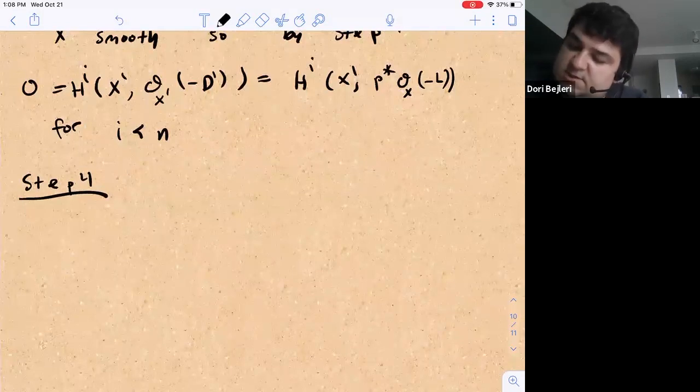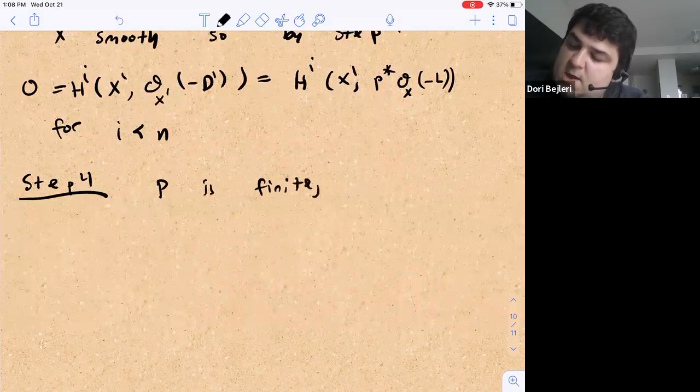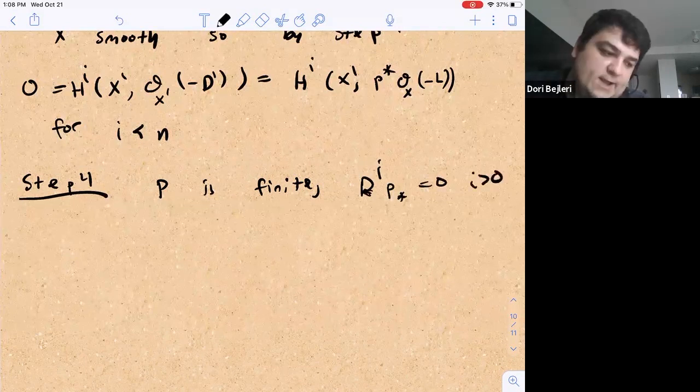Okay, and so now since P is finite, then we know that the higher push forwards are just 0. And so we can compute cohomology upstairs or downstairs.